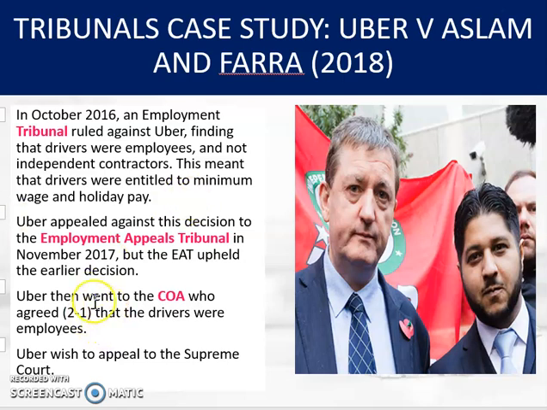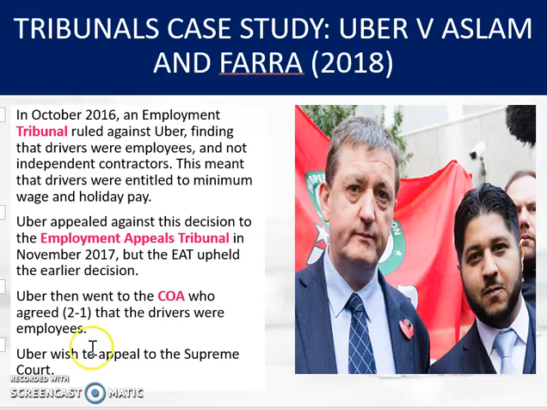You can see here the decision was 2-1 with our judges. So it shows that it wasn't a clear-cut case perhaps. But again, the Court of Appeal agreed that the drivers were employees and they were entitled to these rights. And Uber are looking at whether they can appeal to the Supreme Court.